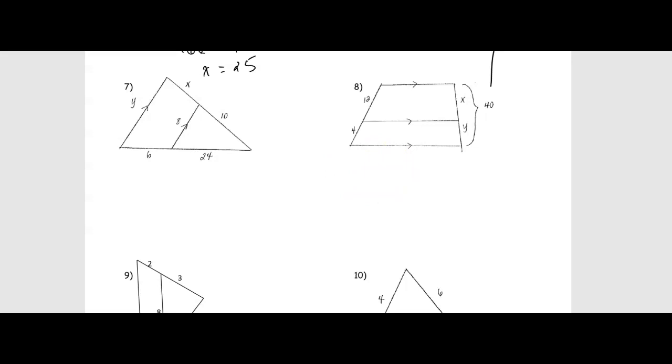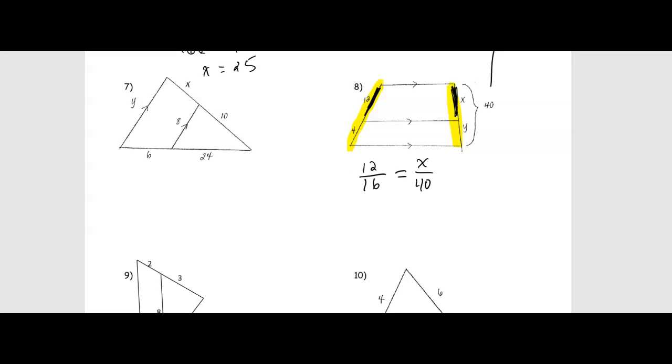So what we're going to do is we're going to go 12, the small length, and then think about what the overall length here is. That would be 16. And then on the other side, here's the small length of x, and we're going to compare that to the overall length on the right-hand side, which would be 40.